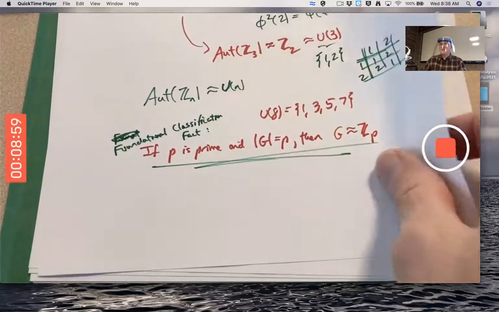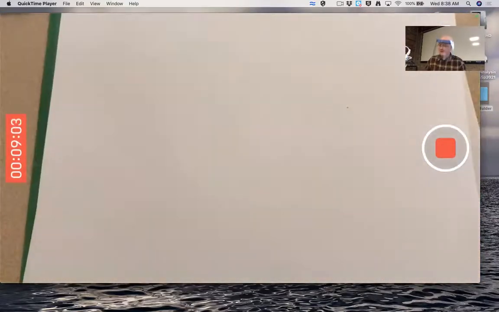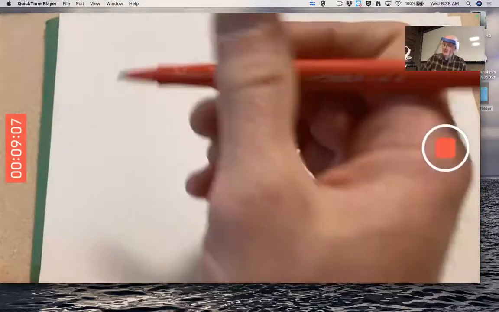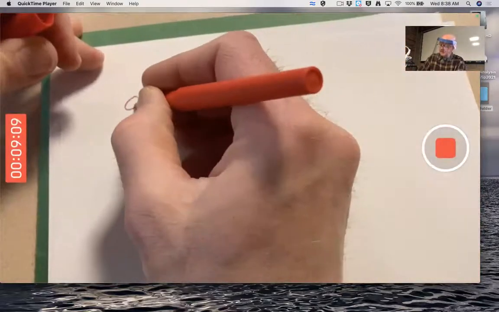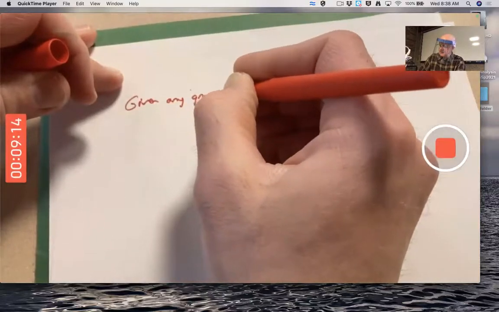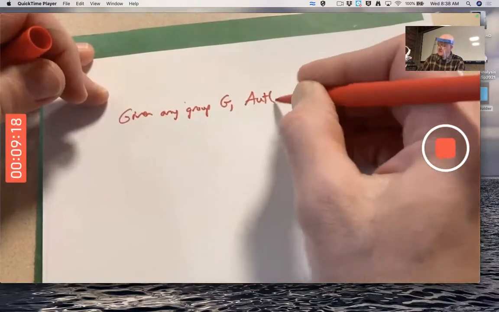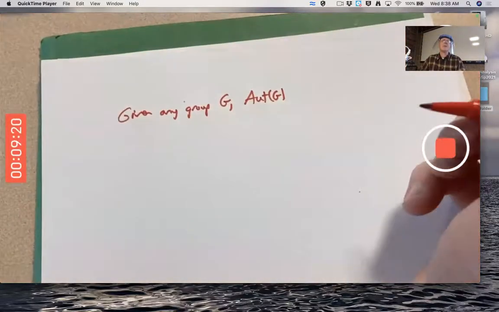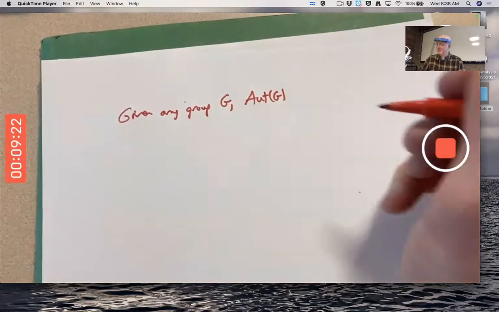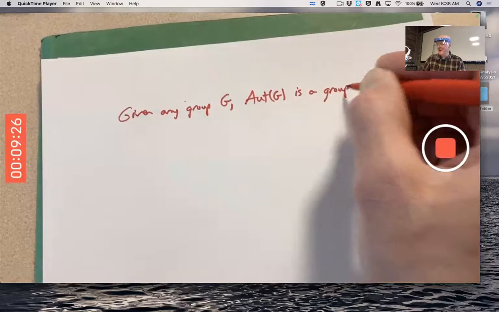And yeah, Aut G is a group. Given any group capital G, the set of all automorphisms of G, isomorphisms from G to itself, is a group, though you should add a little bit more.